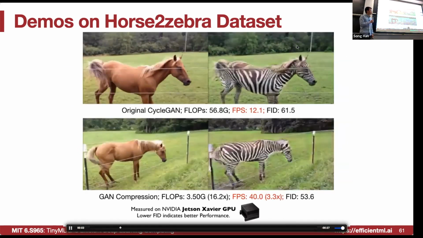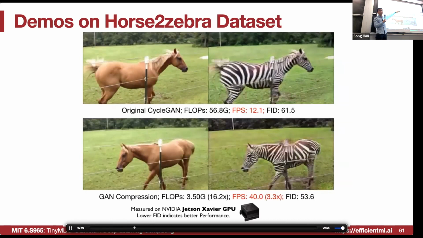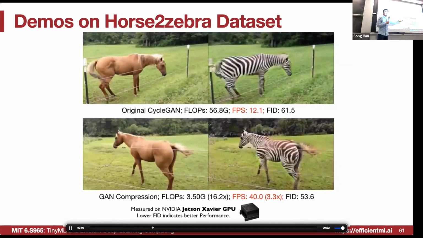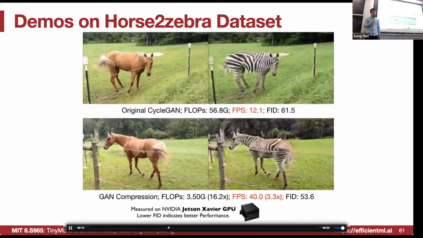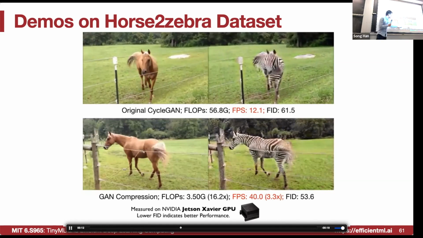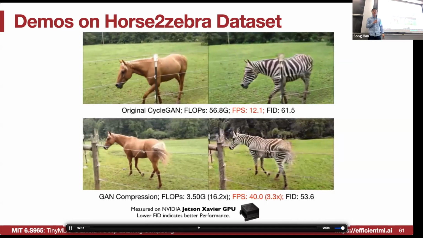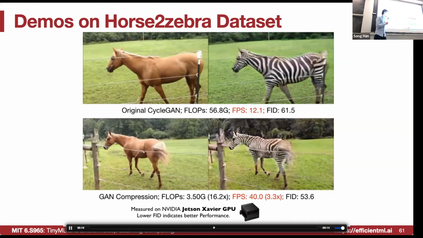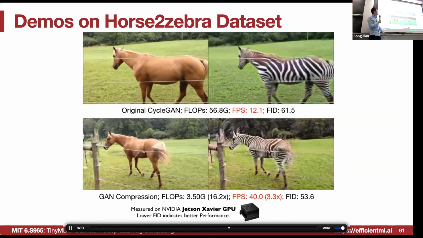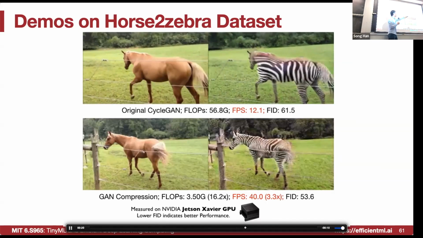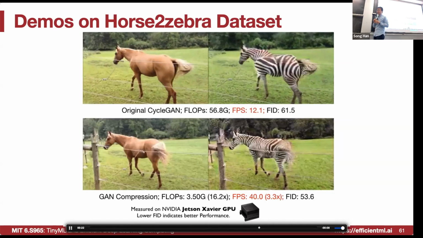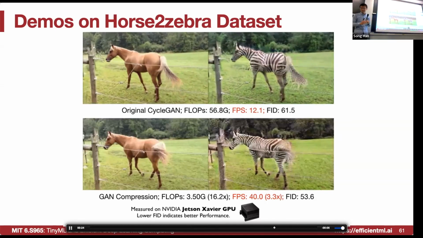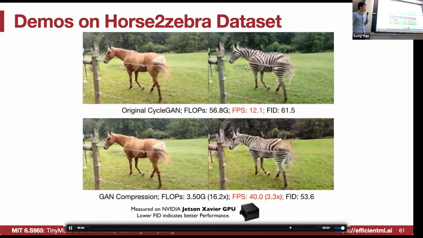And as a result, we can turn a horse into a zebra with very low latency, in real time. This is measured on the NVIDIA Jetson Xavier GPU, which is a mobile GPU. Previously, it ran about 12 frames per second. You see, it's very slow. But after such optimization, it can run at about 40 frames per second, so it's 3.3 times faster.